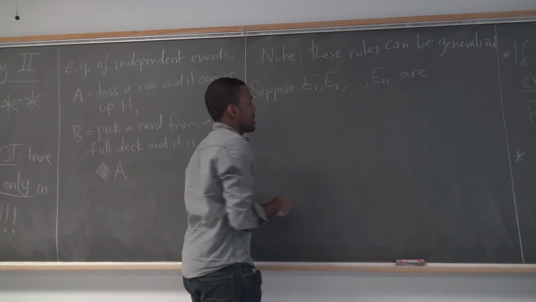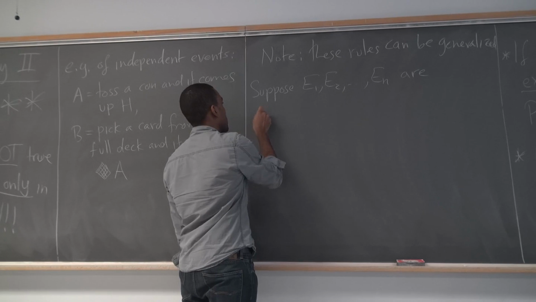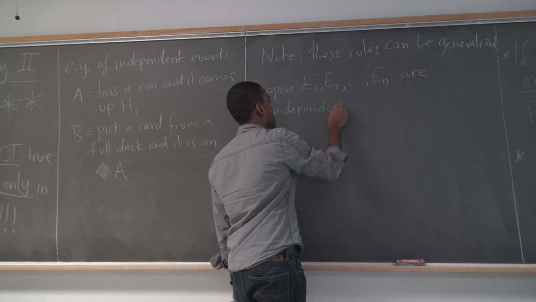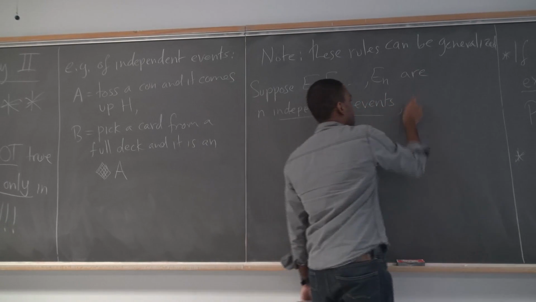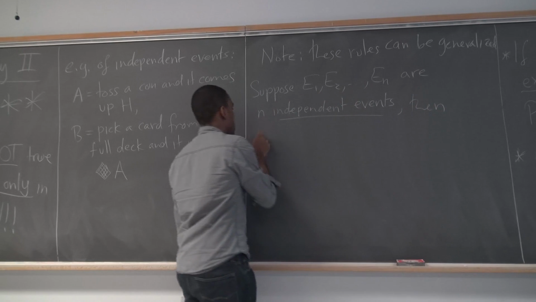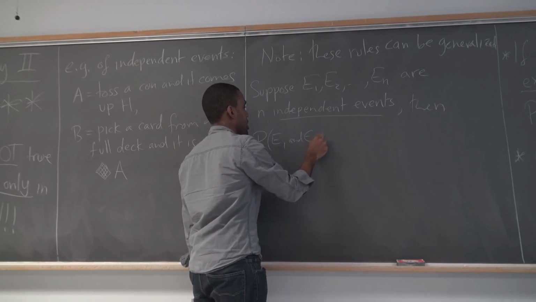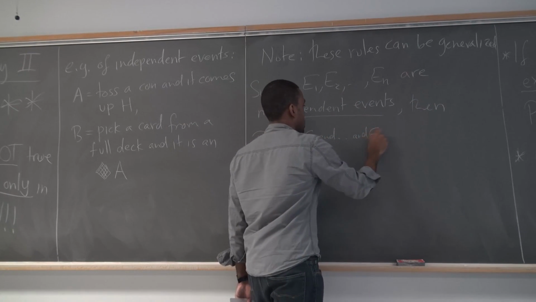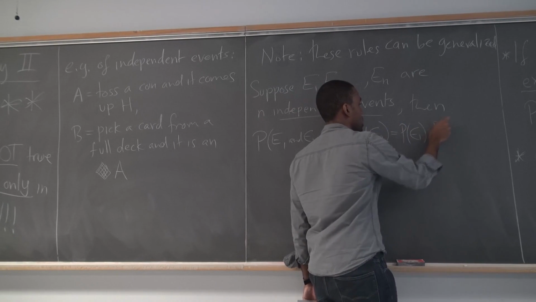I'm not saying you're not sophisticated, but the math we're doing is not. Suppose E1, E2, through En are n independent events. Then, if I find the probability of E1 and E2 and so on, I can simply just multiply all the probabilities to figure out what that is.